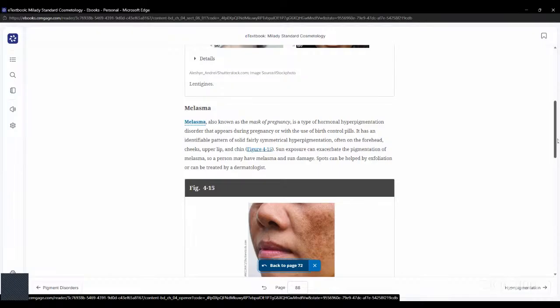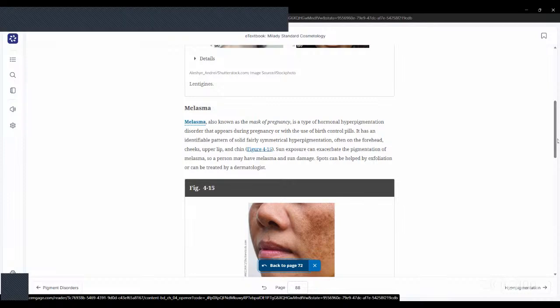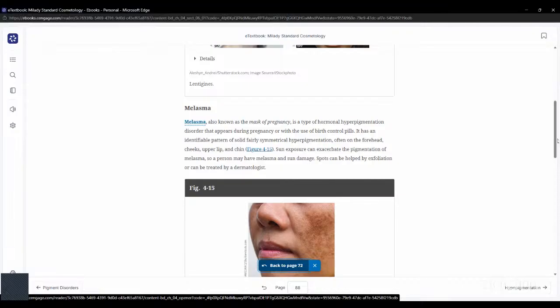Medications such as birth control, individuals going through pregnancy. You can find melasma on the forehead, cheeks, lips, and your skin could be smooth, your texture could be smooth, but it is the mix up of the coloring pigments, the melanin pigments, that's really the cause of the issue.